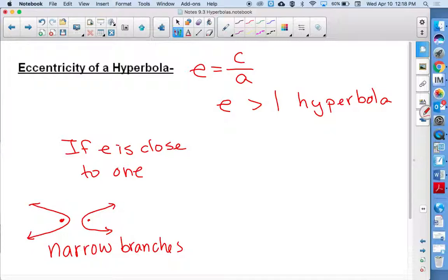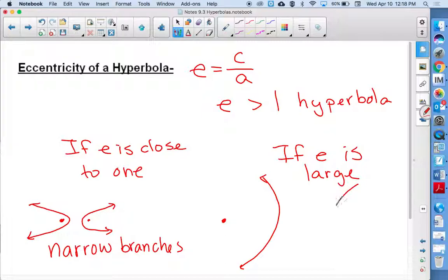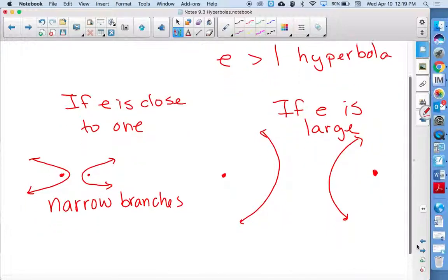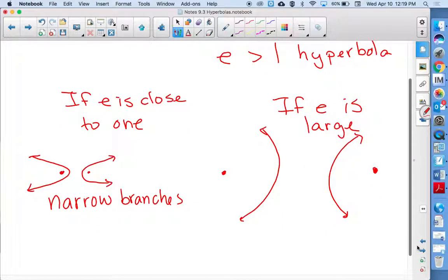The further out the focus is, the wider the graph becomes. So we'll just say if E is larger, then I will have wide branches. The further away that focus pulls away from the vertex, it pulls the branches out further and further as well.